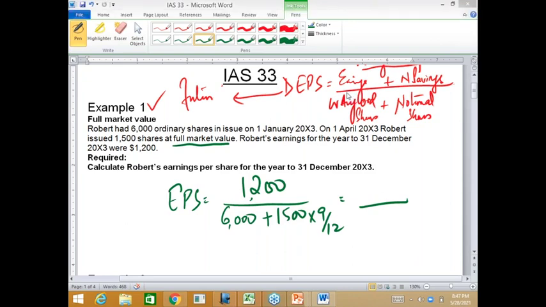So the EPS figure should be, let me calculate, 1500 multiplied by 9 divided by 12, plus 6000, divided by 7125. So it will be 16.8 cents.